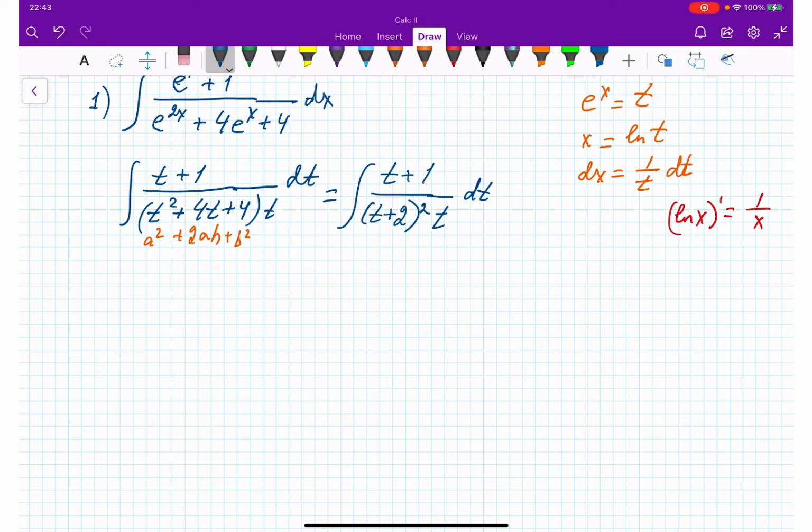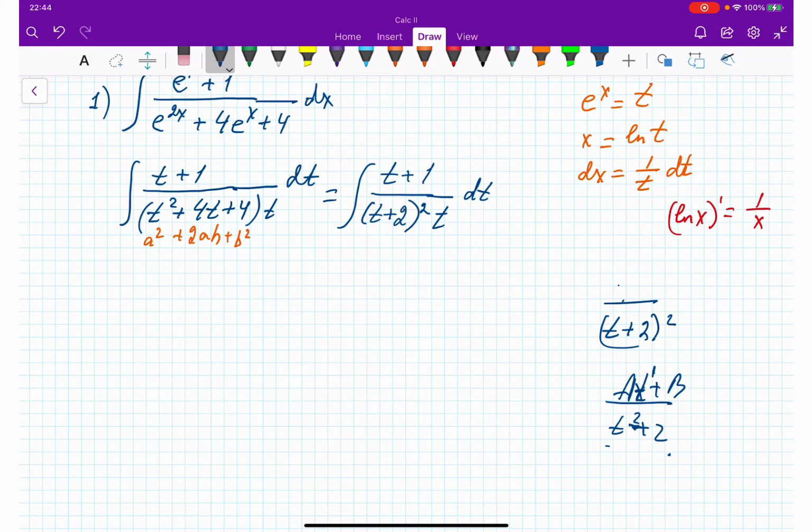Okay, now let me remind you, it's a different story if in the denominator I have t plus 2 squared, or if I have t squared plus 2. If I have t squared plus 2, then in the numerator I will end up having at plus b, because I have here degree 2, that means in the numerator I have a degree lower by 1.